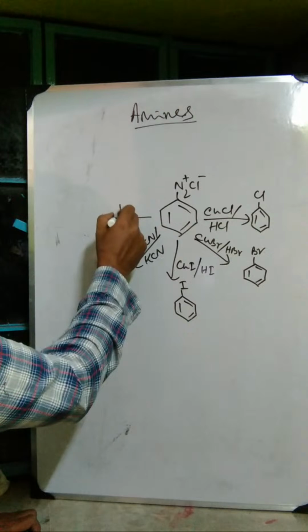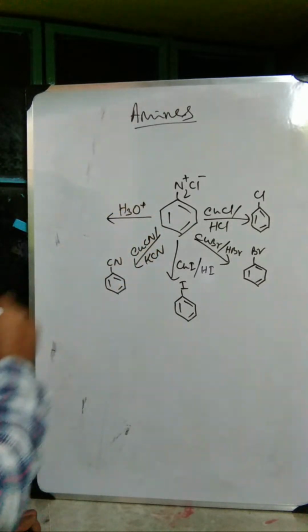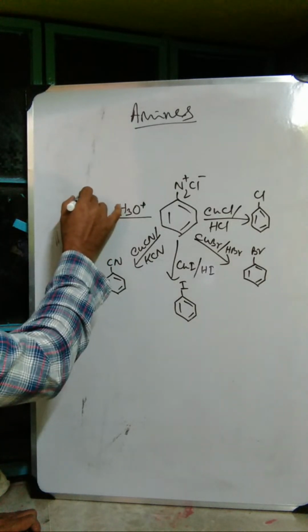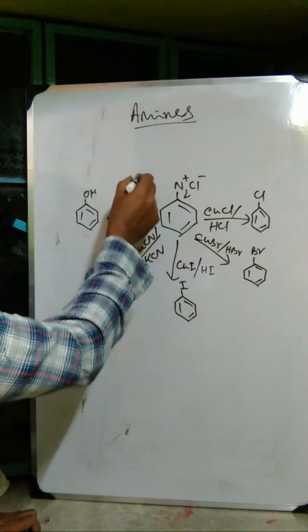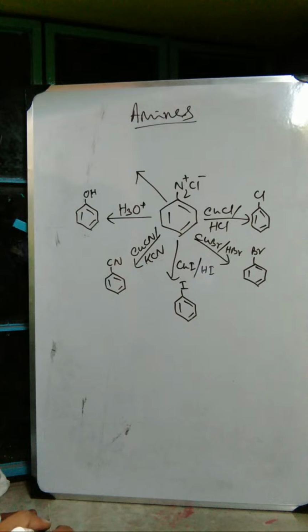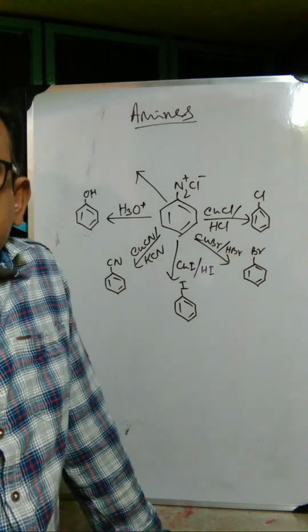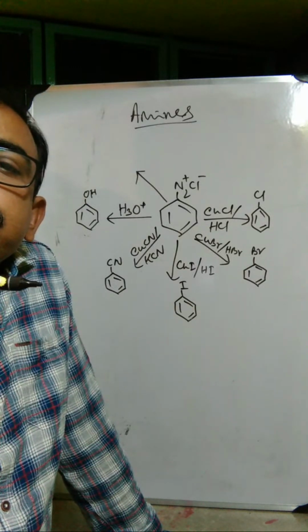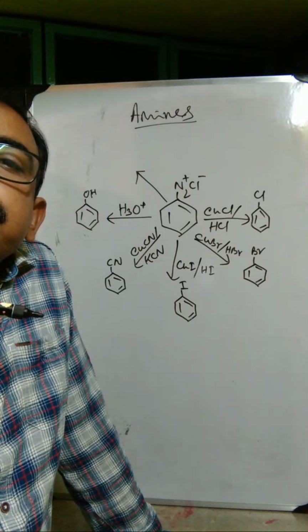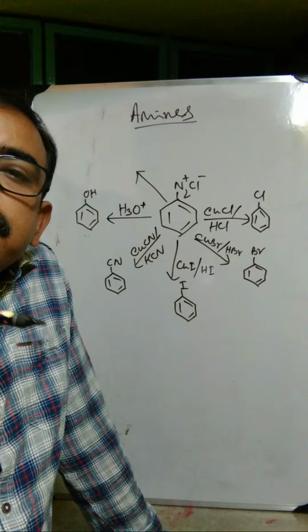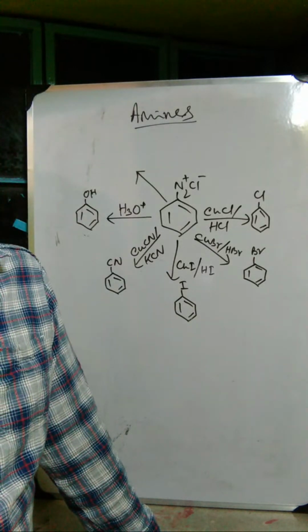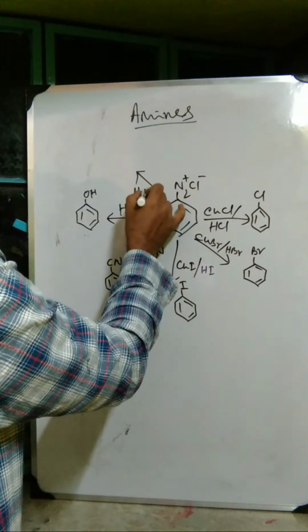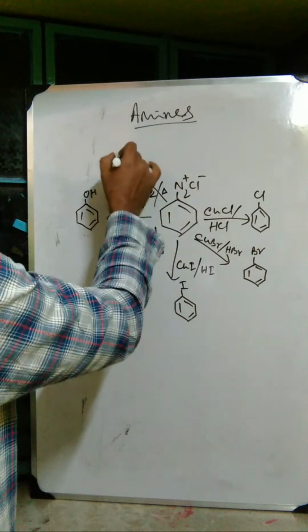If you give just an aqueous solution of the acid, that is H3O plus, you will get phenol. If you just heat it with H3PO2, then you will get benzene.